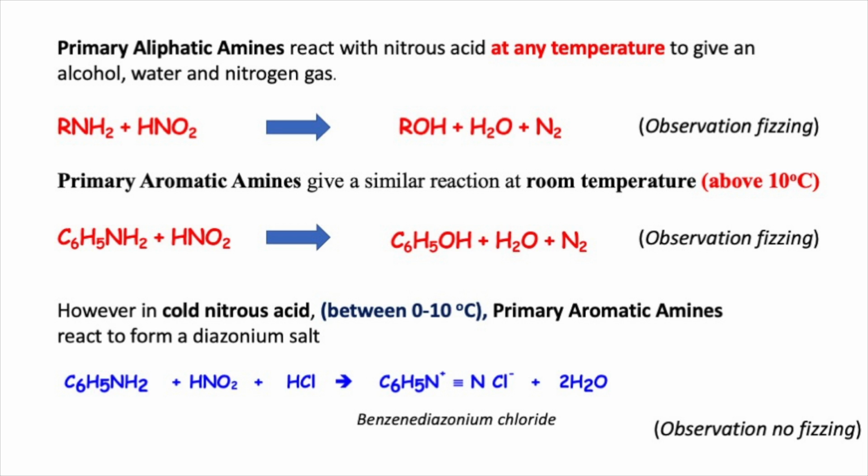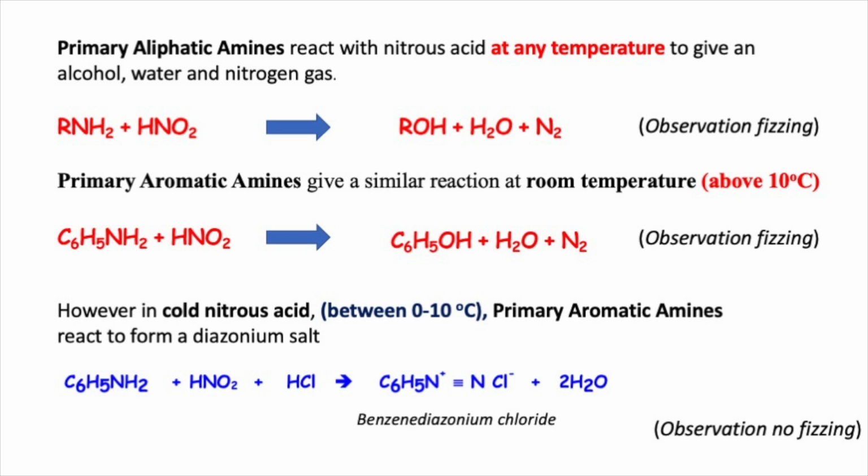And this compound is important in synthesis, and it's also important because it's used to make coloured dyes called azo dyes. Now when this reaction takes place, the nitrogen remains on the aromatic molecule. So therefore you observe no fizzing. And this is a way of distinguishing between an aromatic primary amine and an aliphatic primary amine.